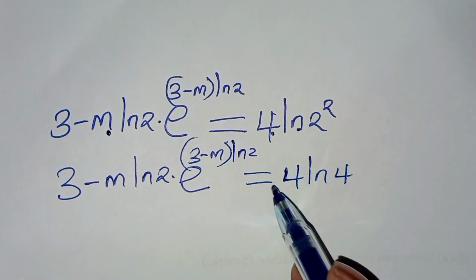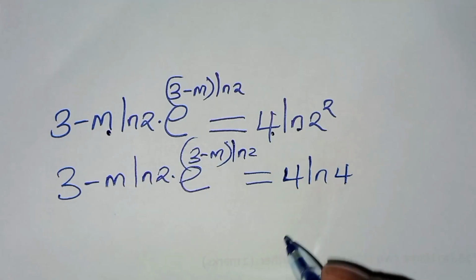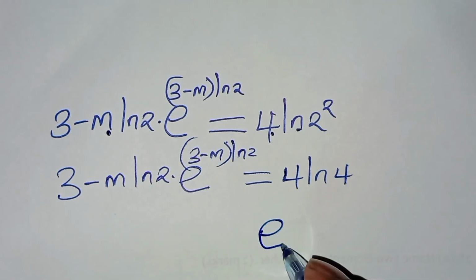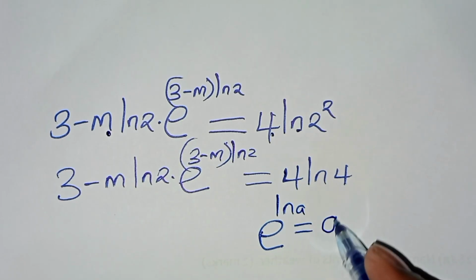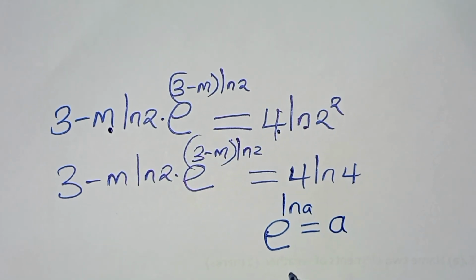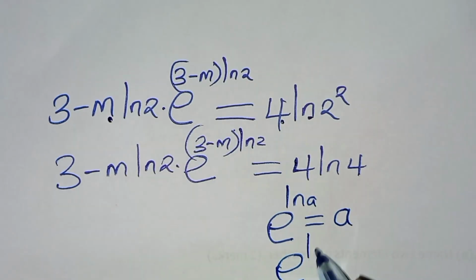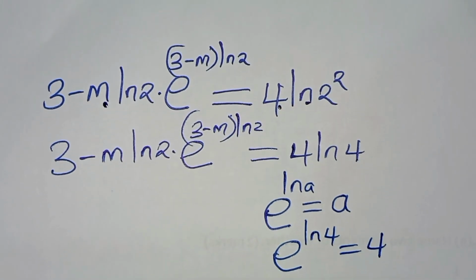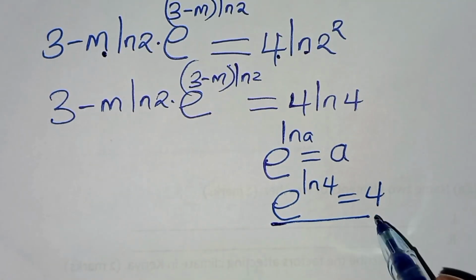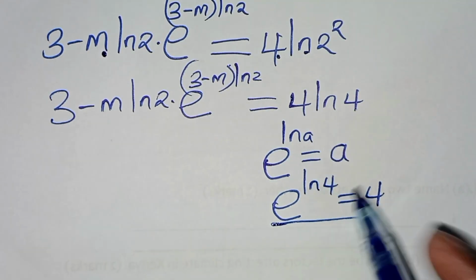Now on the right hand side we can apply the exponent property, that is e to the power of natural log of a. This is the same thing as a. Now e to the power of natural log of 4, this is the same thing as 4. So let's substitute this with what we have here.